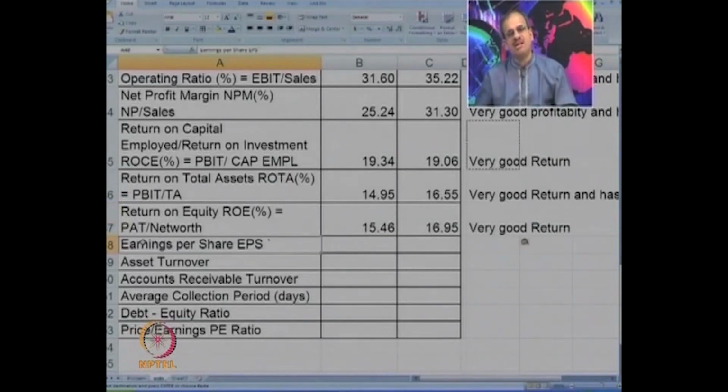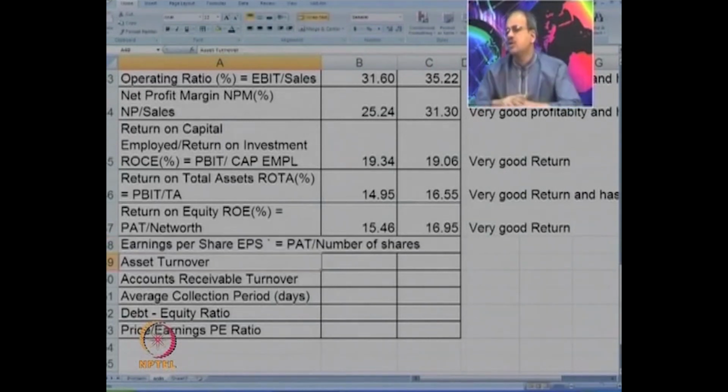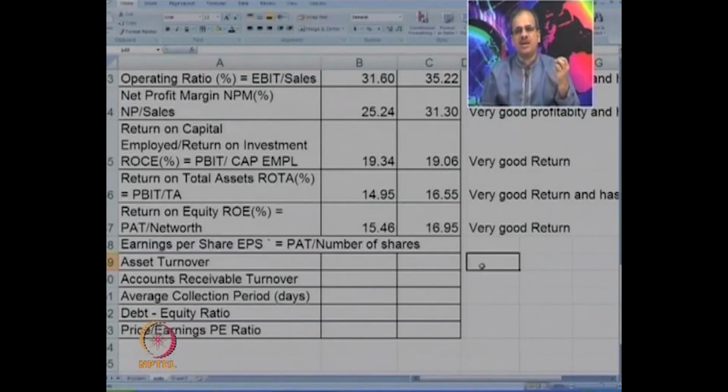The next ratio is EPS or earning per share. So, what is the formula for EPS? We essentially try to find how much profit is available per share. So, in the numerator we take PAT, profit after tax, which is the profit available to the owners, and divide it by number of shares. Number of shares actually tell you how many shares are there in the company, and we take the total profit and distribute it to every share.